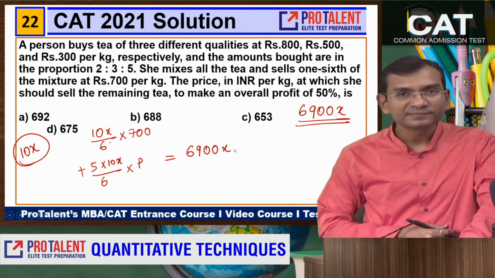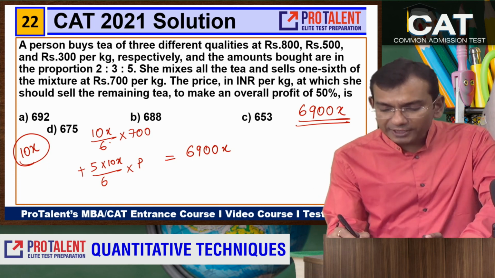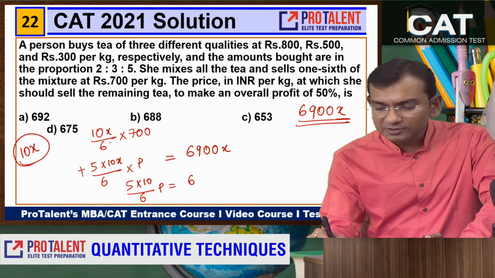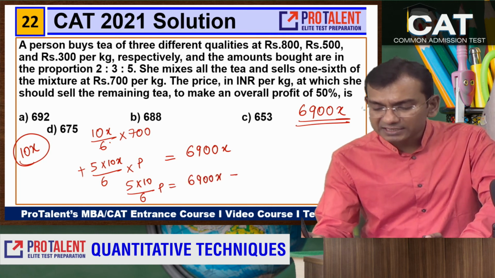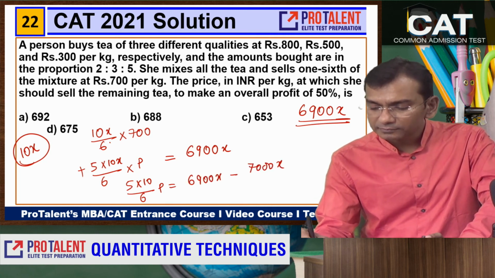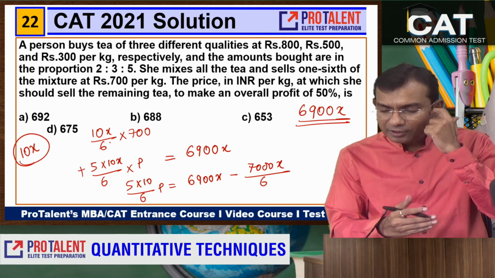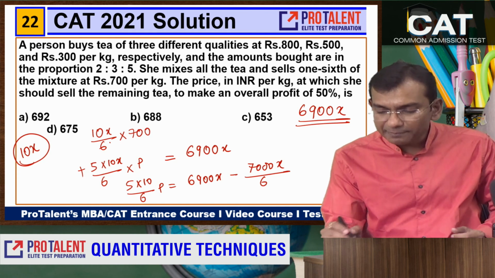It is simple, yes or no? This becomes easy. Okay, great. 5 into 10x by 6 of P is equal to 6900x minus 7000x by 6. Let us take the LCM 6 and discard the 6.